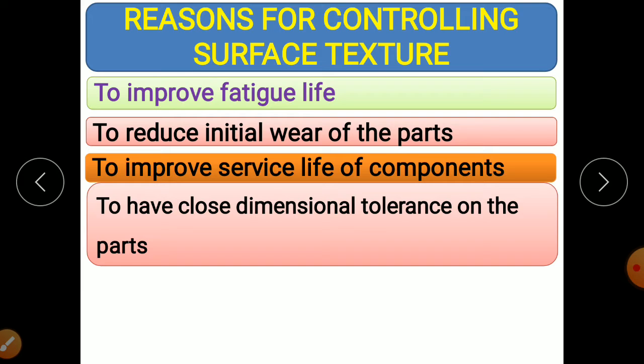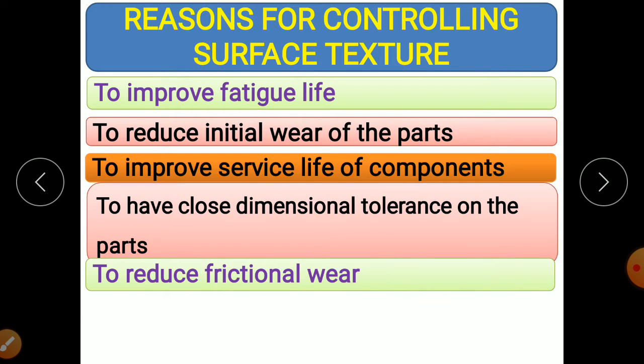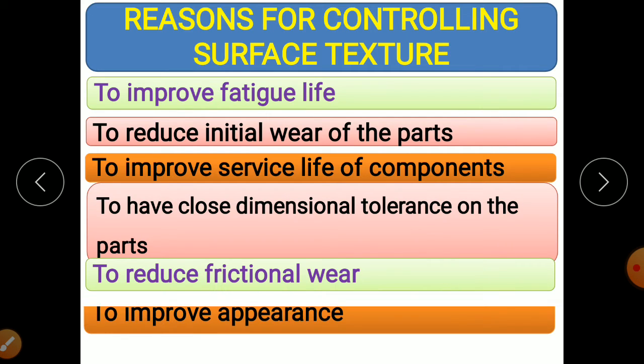If you want to have close dimensional tolerances, surface finish is important. Then, to reduce the frictional wear. We already know the meaning of friction. If the surface finish is good, it will reduce the frictional wear. These two parameters are almost the same.